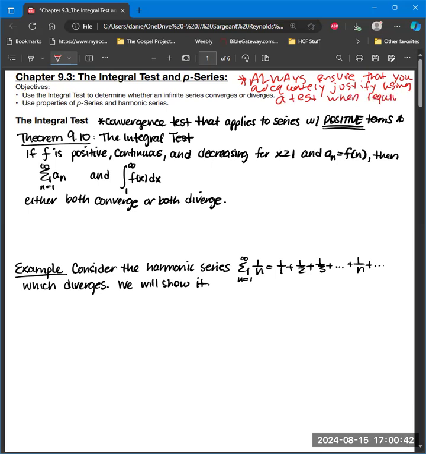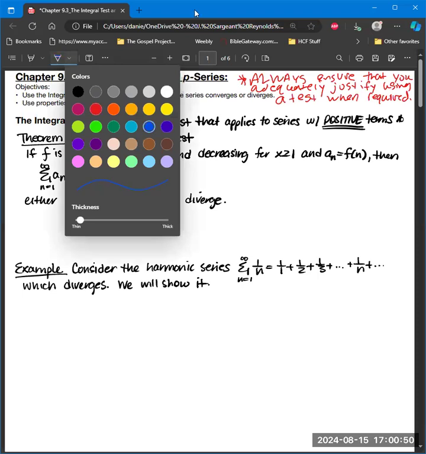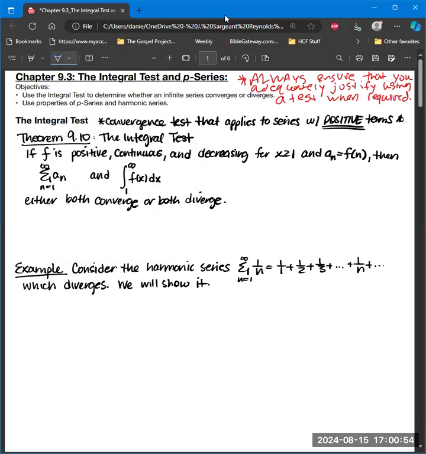So if a test has conditions that have to be met, you must show that all the conditions of that test are met to use that test before just jumping in and using that test.